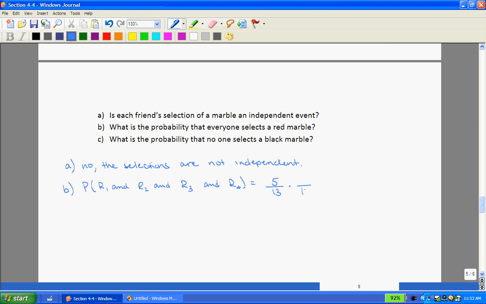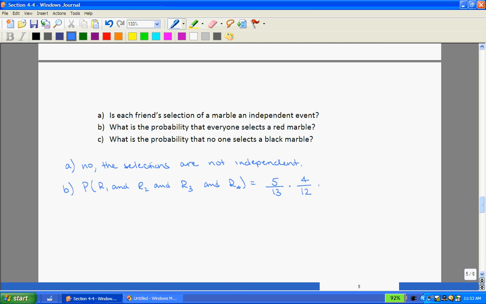There are only 12. And we're going to assume that first person picked red, because otherwise we don't get the chance of everybody picking red. So if that first person picked a red marble, how many red marbles are left? Well, now there are only 4. That outcome is affected by what happened on the first trial, so that's why these are not independent.